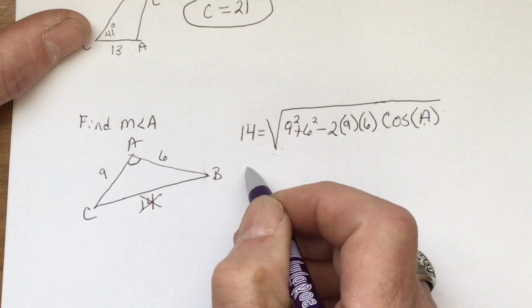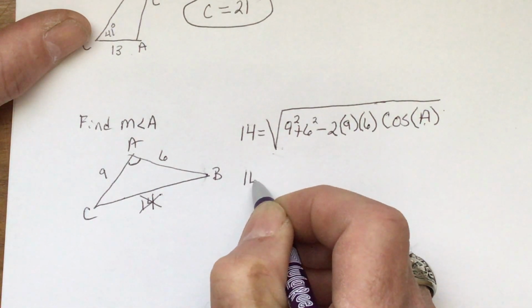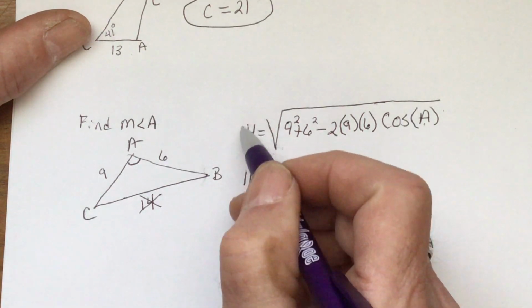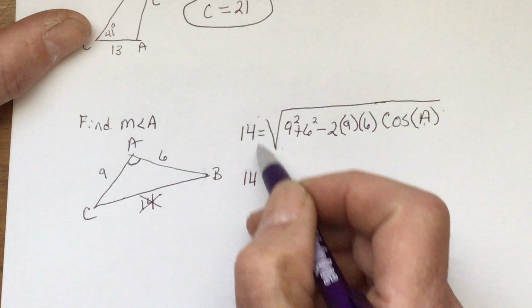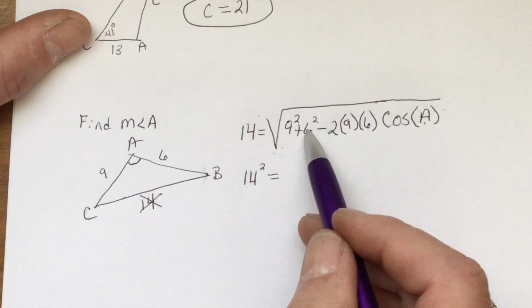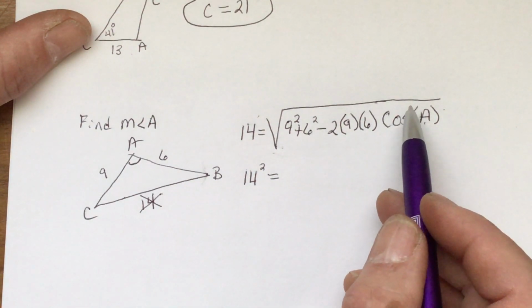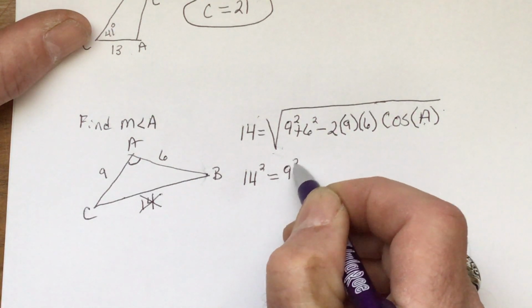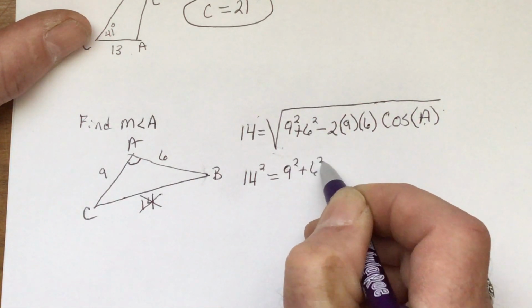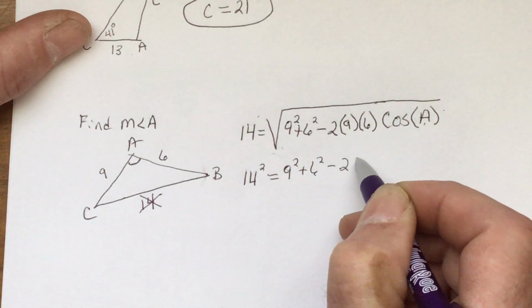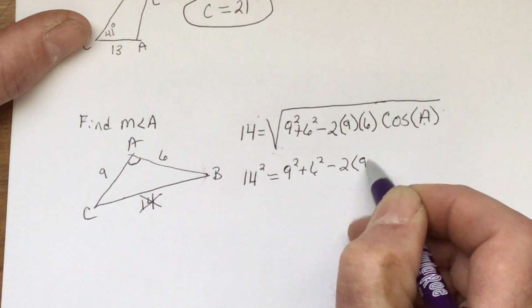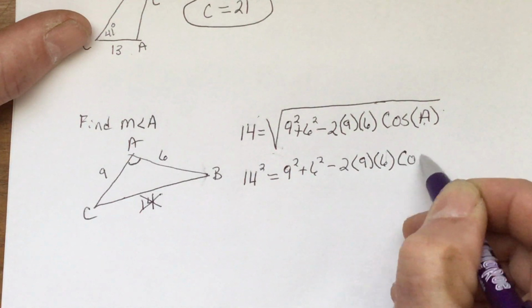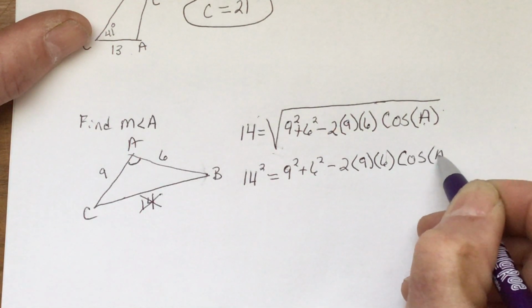So we're going to square both sides. 14 squared equals. So if I square this side, I get 14 squared. If I square this side, it just gets rid of the square root symbol. So 9 squared plus 6 squared minus 2 times 9 times 6 cosine of A.